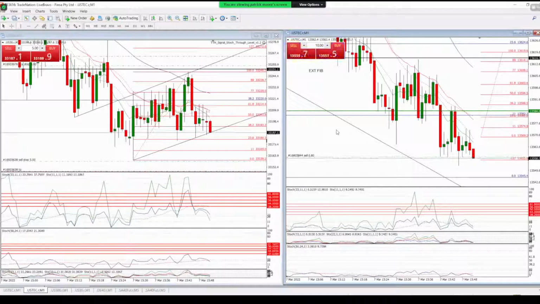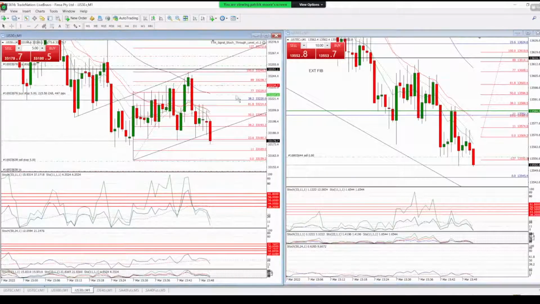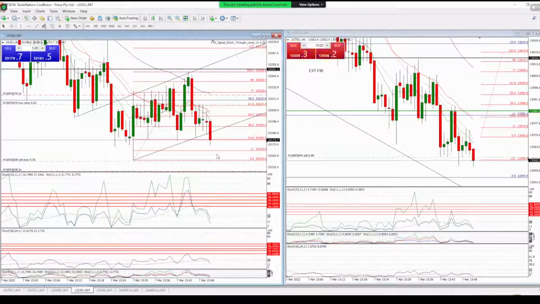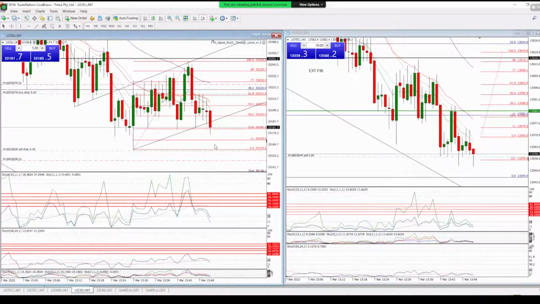Okay, we've got a 77% retracement. Pull that down, retracing 61 to 77 for ABC up. Otherwise, we're tracing trend chaser for a short.